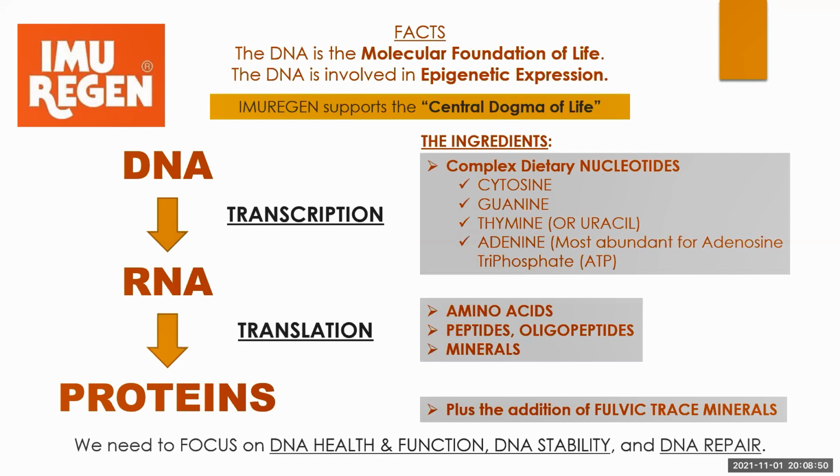And then number 2, look at the ingredients of the food supplement. Does it have the 20 amino acids? If it has, wow, you're already on your way. Now, if we add peptides, oligopeptides, and full-baked rice minerals, wow, you made it almost perfect. Actually, in my opinion, the peptides, oligopeptides, is the secret sauce of Imorigen.